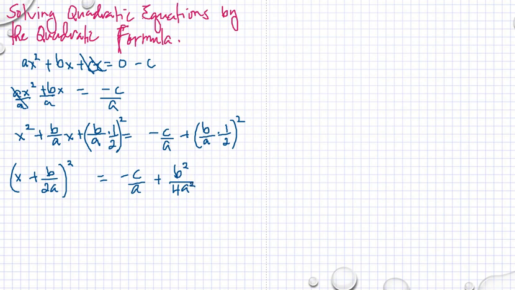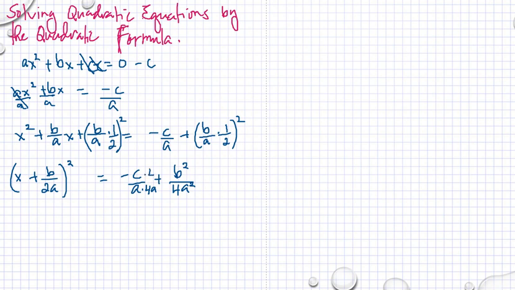So we expand negative c divided by a by 4a, because our least common denominator is 4a squared.